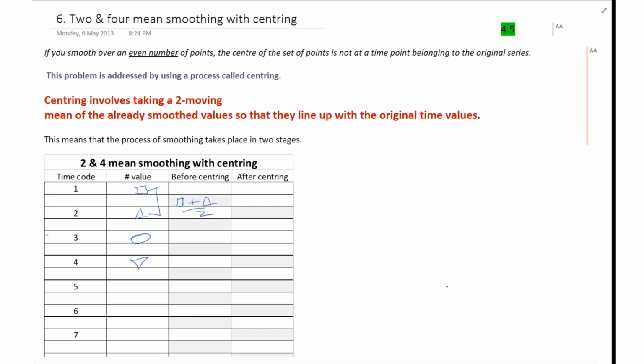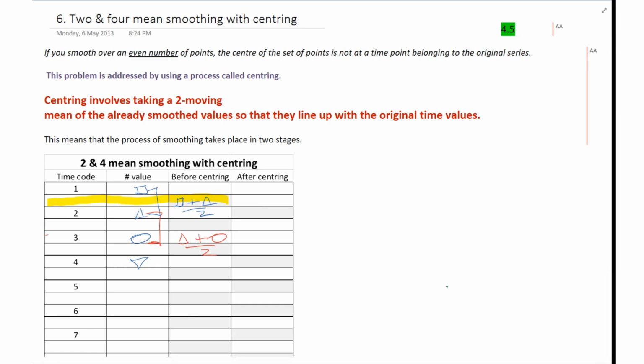But if you have a look, this is not lined up to any particular time code, like if it was January, February, March, or whatever. So it's not lined up to anything specific. So that's why we then have to go, you've done that, so then I'm going to go these two. Triangle plus circle divided by 2.